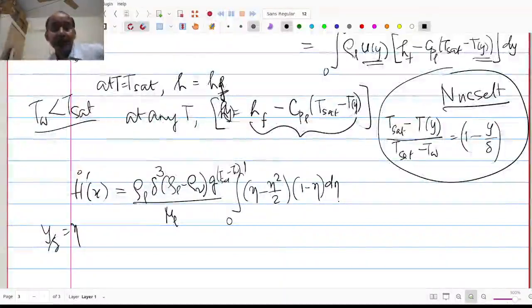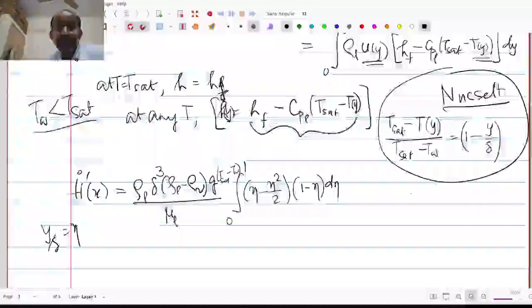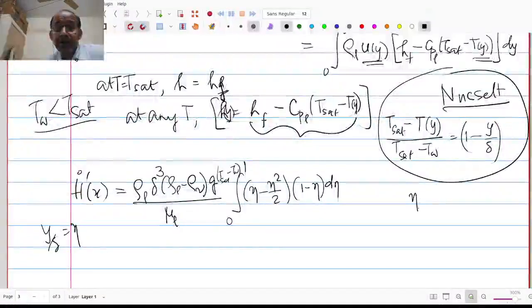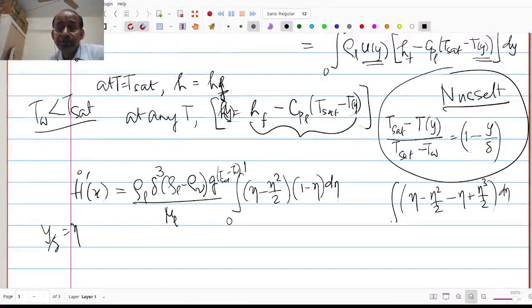Is that correct? So this has to be integrated. If I multiply this, I'll get eta minus eta squared by 2 minus eta plus eta cubed by 2, and I integrate this from 0 to 1.